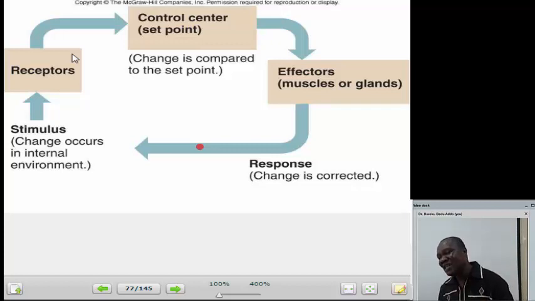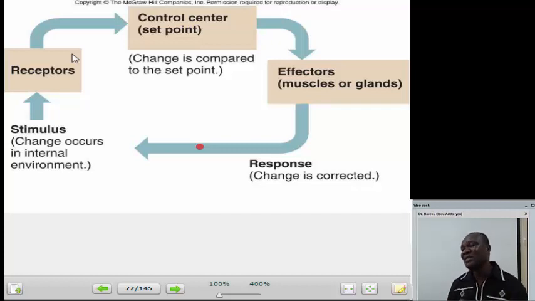I'll go over that again. The change is detected by the receptors, the sensors, or detectors. Now the change is then relayed to the integrating or control center in the central nervous system, so the brain and the spinal cord.